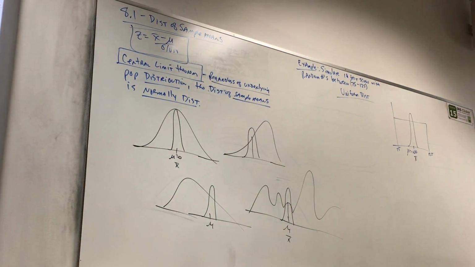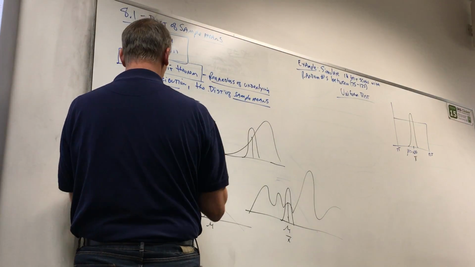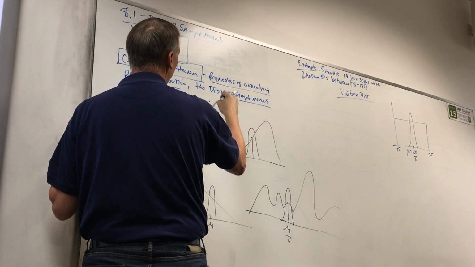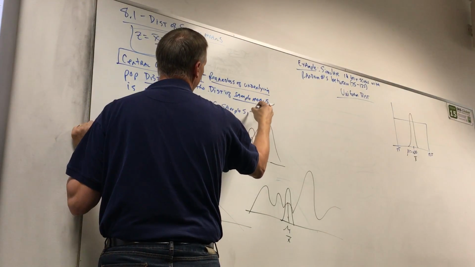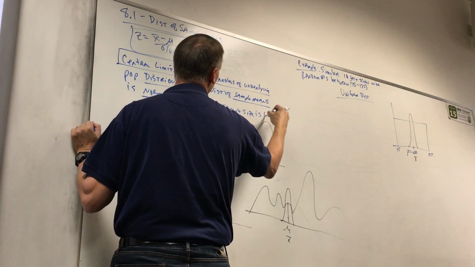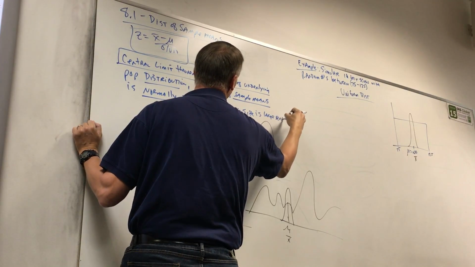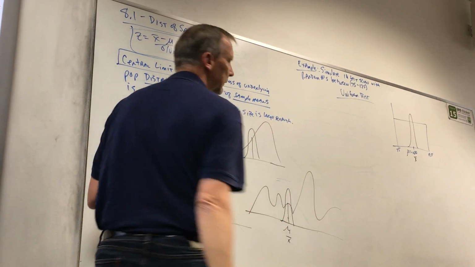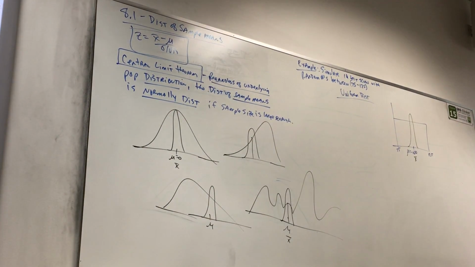So this is a pretty cool theorem. And actually I left off a big if here: if your sample size is large enough. Okay? So then the next question is, how large is large enough?